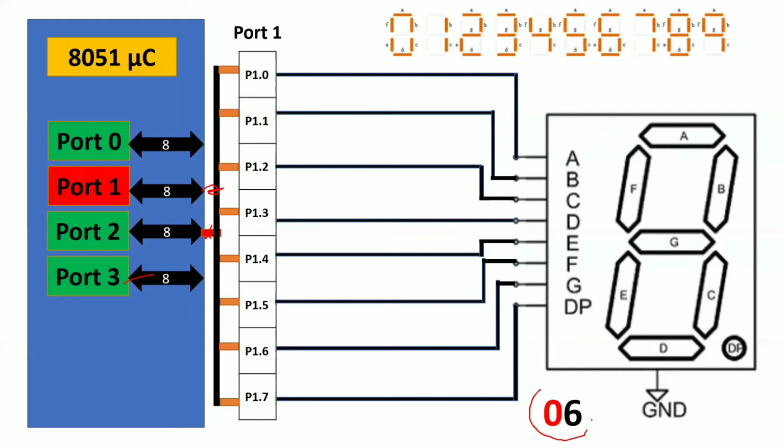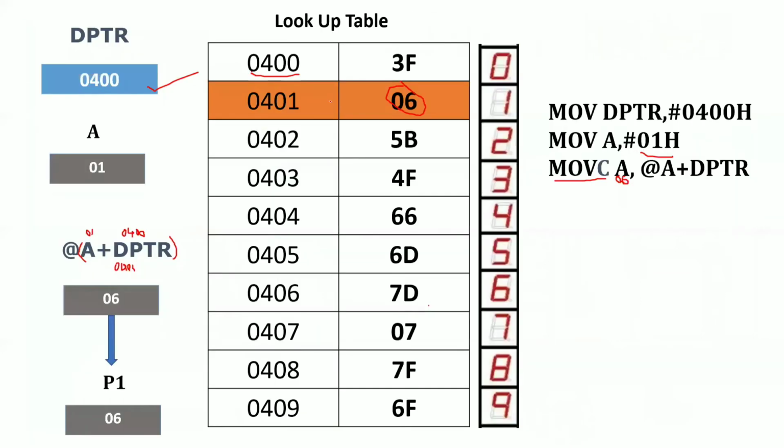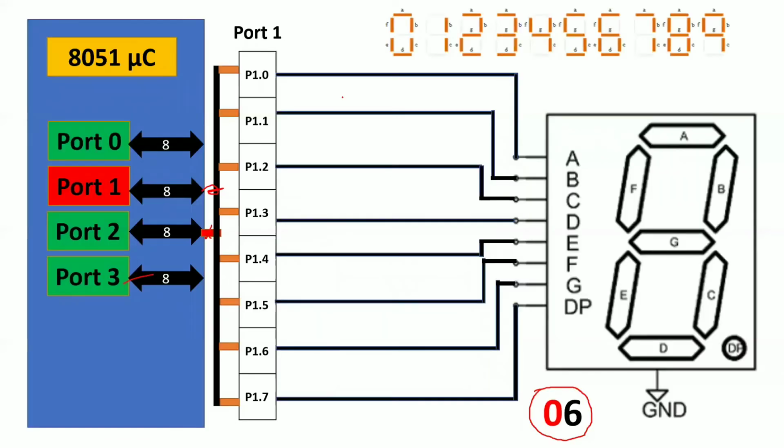Anyway, now if I send the value 06 to port 1, what will happen? 06 means I start from the MSB. So 06 is nothing but 0 and 6. This is your 0, and this is a 6. So 0 1 double 0 double 1 0. Whenever I write 1 in a particular bit, that particular pin gets activated.